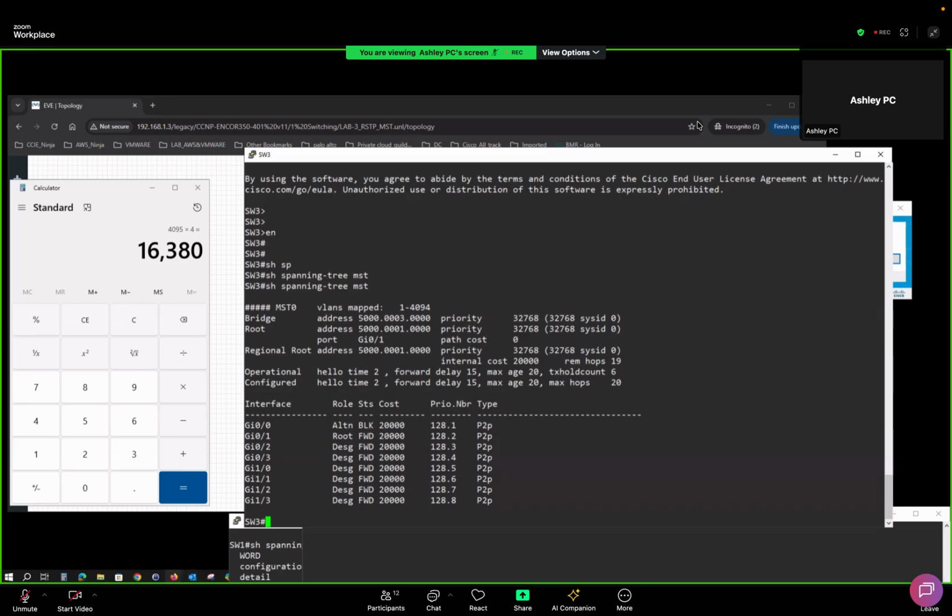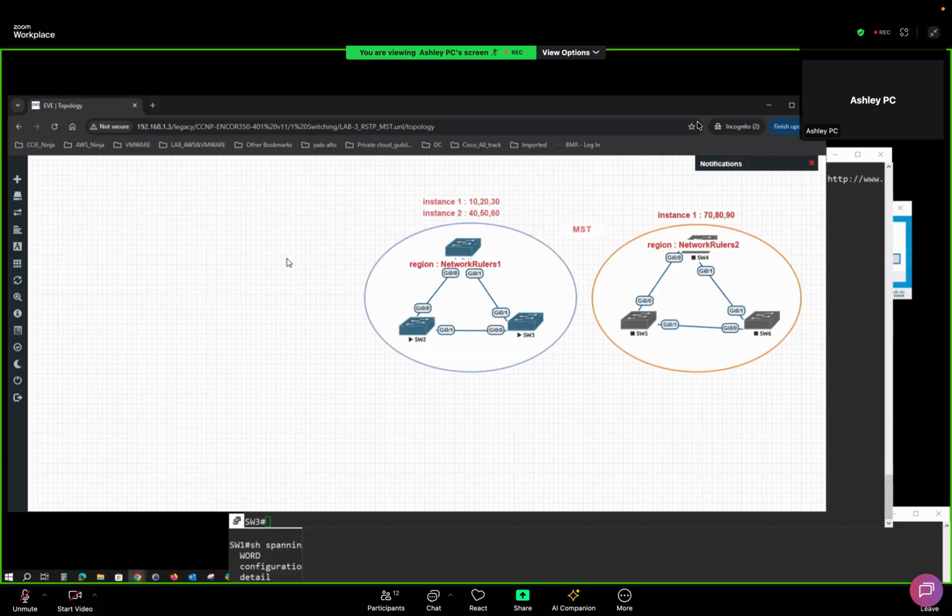Guys, a very, very simple logic which I am going to deliver to you right now. Let's assume that this is the switch. Cost is calculated when we decide the port role. Which port becomes the root port, which becomes the designated port, which becomes the alternate or block port. On the basis of a tiebreaker. For the tiebreaker, we calculate first the cost.